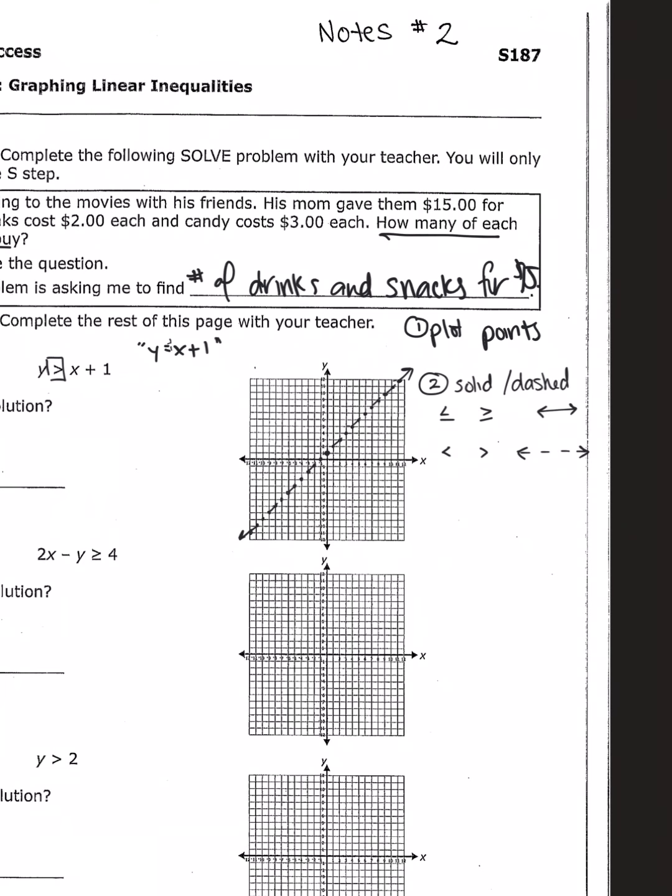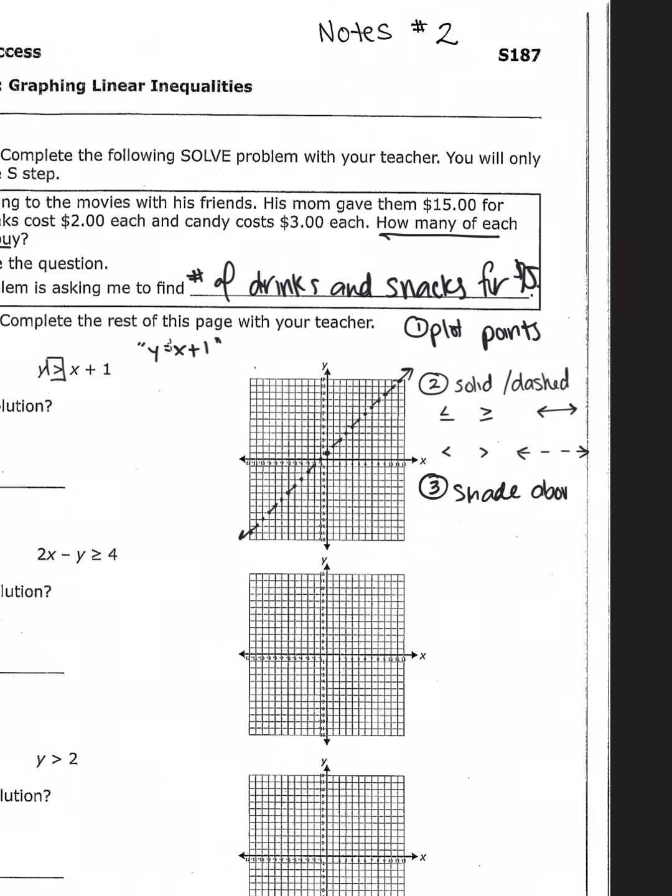So now that we've done that, we need to show that y has to be greater than all of those points on the line. And we saw that when we had a solution to an inequality, part of the graph was colored in to show that that's where all the solutions are.